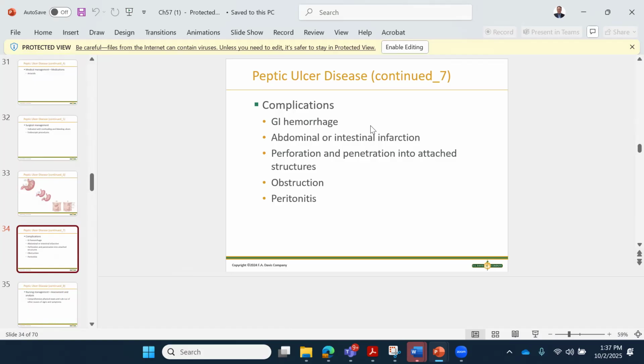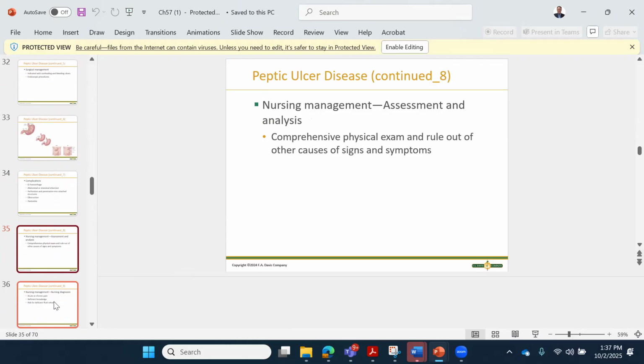And remember to always associate infarction with injury, necrosis with death, and that would be death of the tissue, and in some cases, death of the patient.